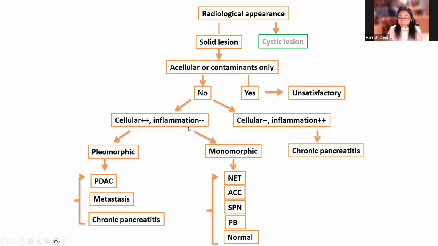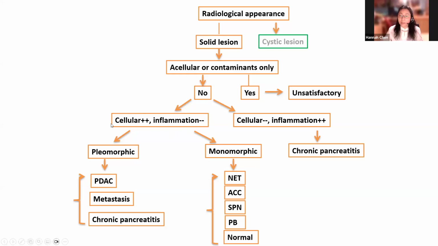Then, in the next step, we will analyze whether the cellular component or the inflammatory component is predominant. If the inflammatory component is dominant, then we think it's more likely chronic pancreatitis.